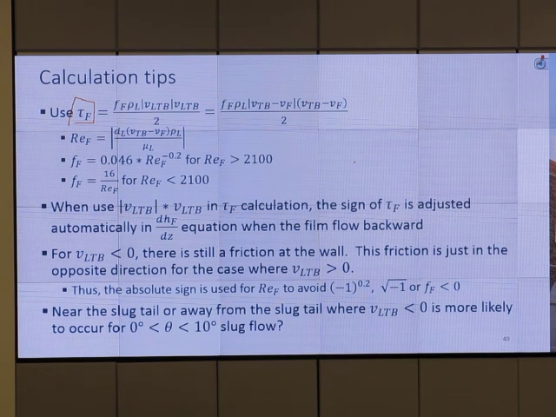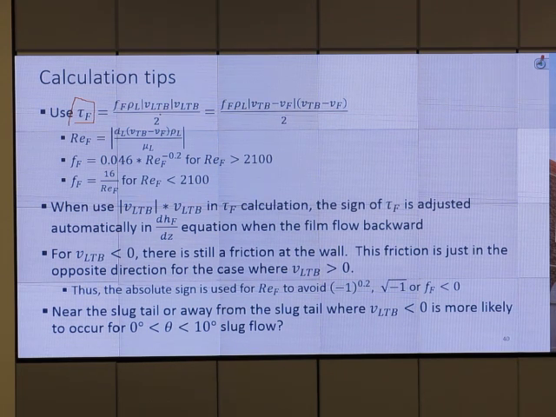Sometimes the film moves backward, so tau goes to minus z, the opposite direction of the flow, right? So away from the slug tail, the film can move backward, and tau f actually moves forward. To account for that sign change automatically, you calculate tau f by 1/2 f rho, and instead of v squared, you use VRTB multiplied by the absolute value of VRTB.